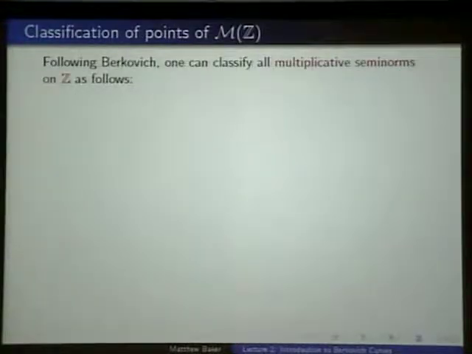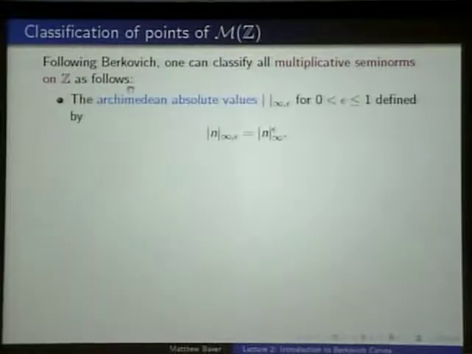And following Berkovich, here's how you classify multiplicative semi-norms on Z. So you've got Archimedean absolute values, which I'll write infinity comma epsilon, just taking the epsilon power of the usual absolute value. And that makes sense for epsilon between 0 and 1.